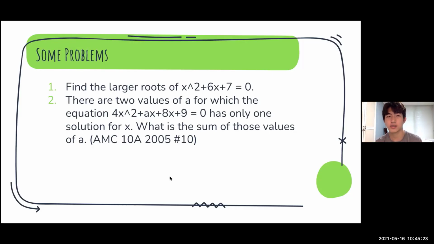So let's try to solve some problems. I'm not going to give you a lot of time, just about 60 seconds for these two problems, because neither is very hard.